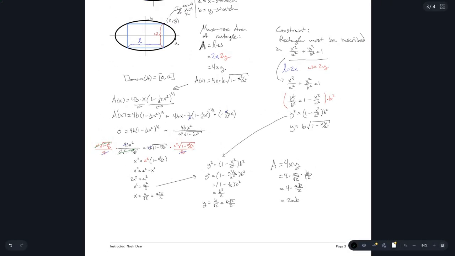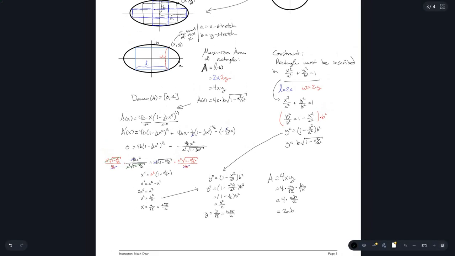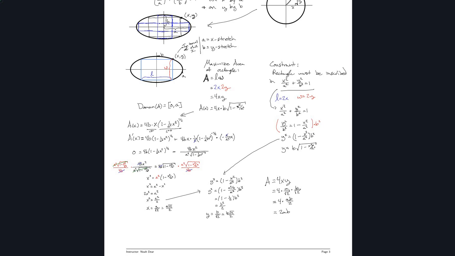So we can say, without having to redo this for a lot of different ellipses separately, if we have the equation of an ellipse, we can just say that the area of the largest inscribed rectangle is going to be 2 times that a value times that b value. And that's it.